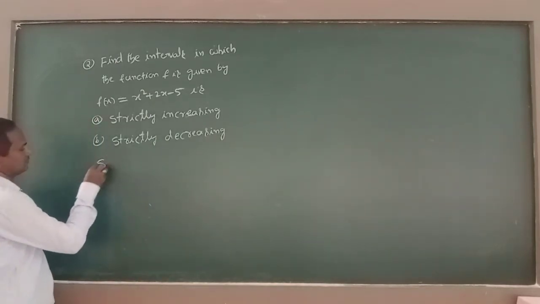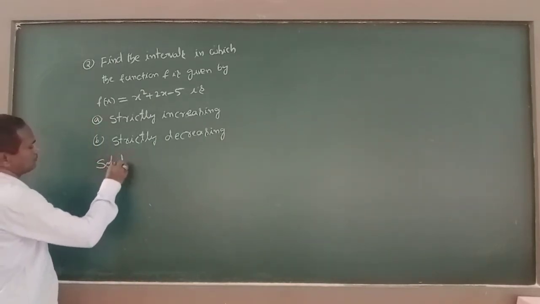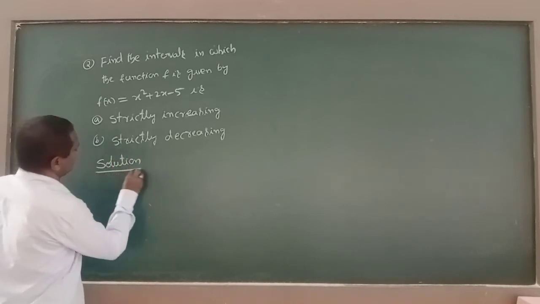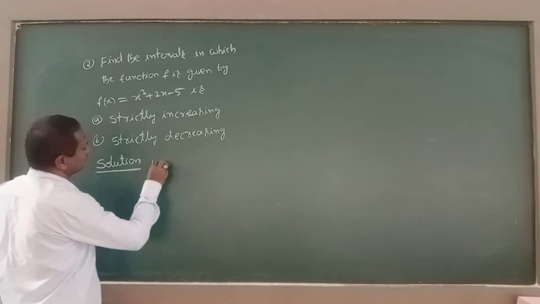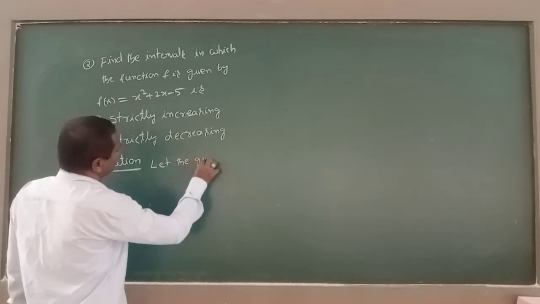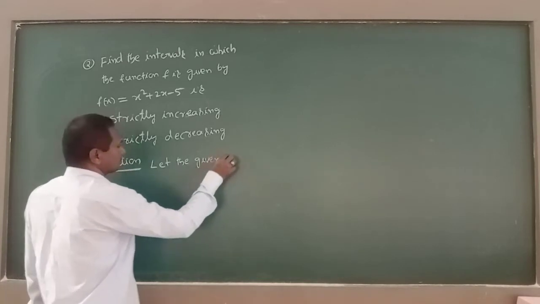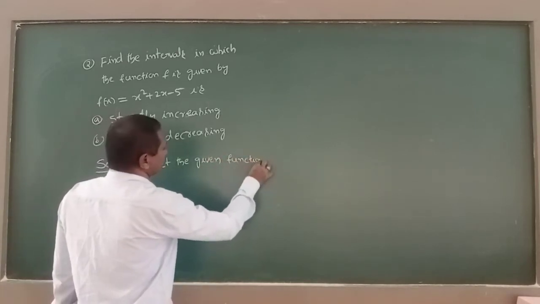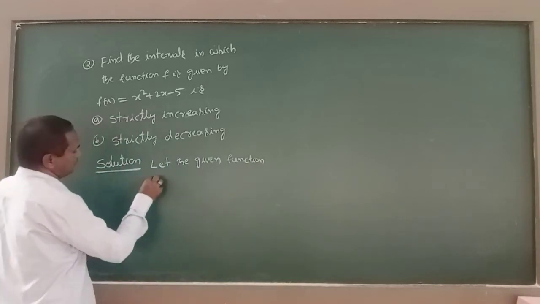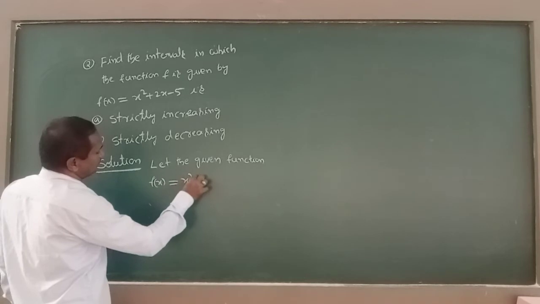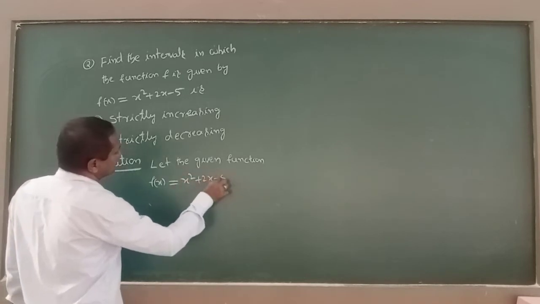Solution is, let the given function f of x is equal to x square plus 2x minus 5.